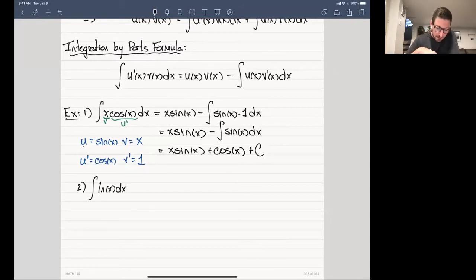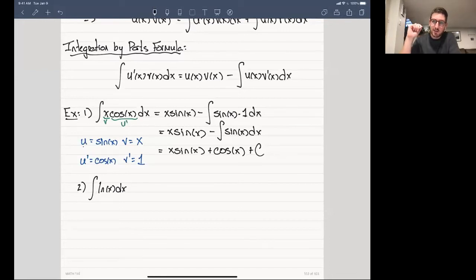So now I want to show you how to find the antiderivative of the logarithm function. And this one takes a little bit of cleverness, okay? Why does it take a little bit of cleverness? Because there's only one function there. I can't see two things multiplied together. But let's think this out for a moment together.